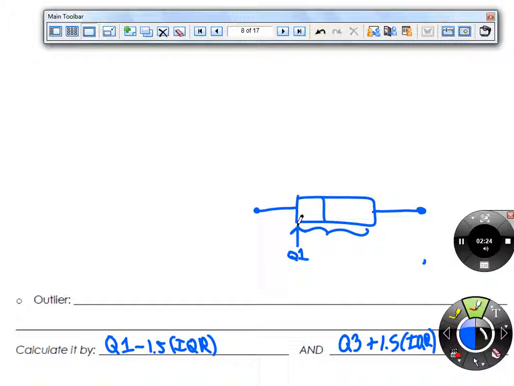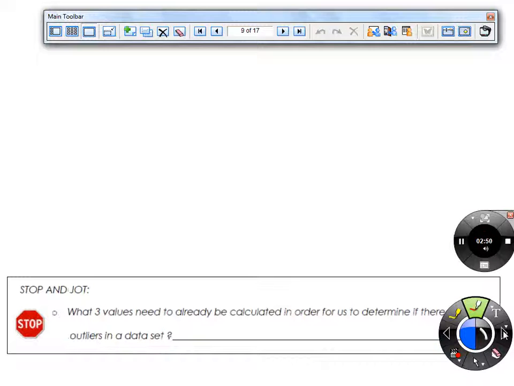We're basically saying if something is 1.5 of those beyond quartile 1 this way, it's probably too small for us to include in our data. And then the same idea from the third quartile. From the third quartile, we're testing if something is too far that way, so that's why we're adding it onto it. So the first quartile, we're seeing if it's too small, and then the third quartile if it's too big. Okay? All right.